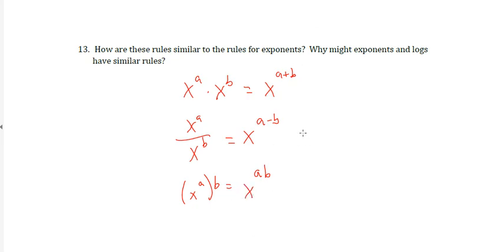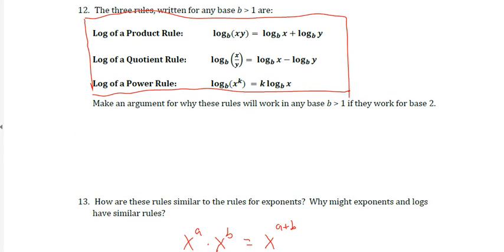There we go. So notice that when we multiply two things with the same base together that have different exponents, we can add the exponents. Division is subtraction. And with powers, we multiply. That's the same kind of idea here. When we multiply, we add. When we divide, we subtract. And when we have powers, we multiply.